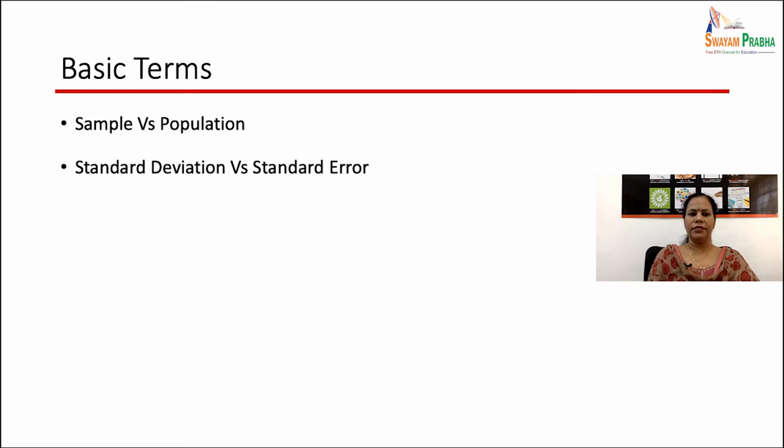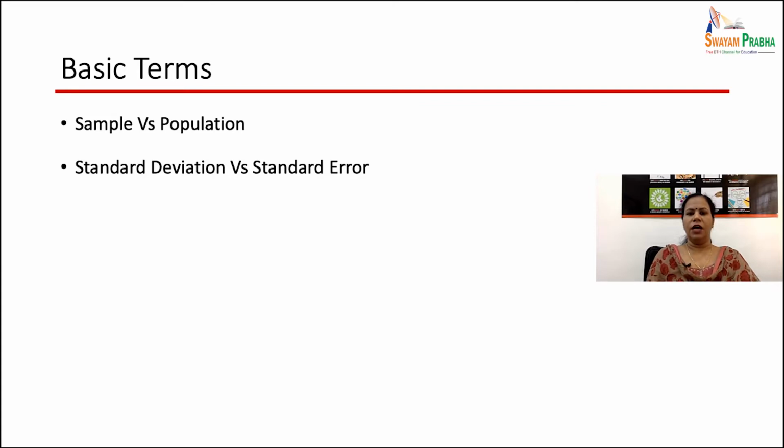Another important basic term is standard deviation versus standard error. When we talked about the different measures of variability, we talked about the standard deviation, which was the average deviation of each and every value from the mean in a sample.